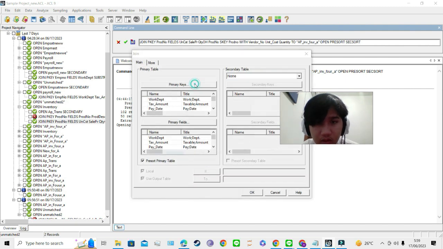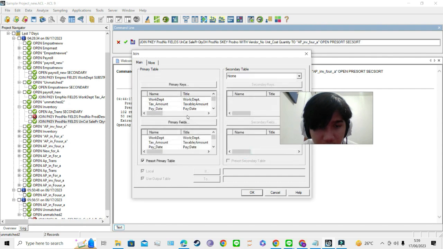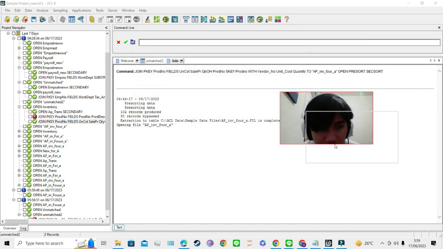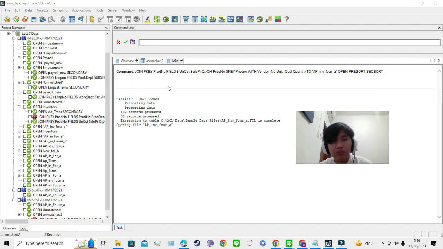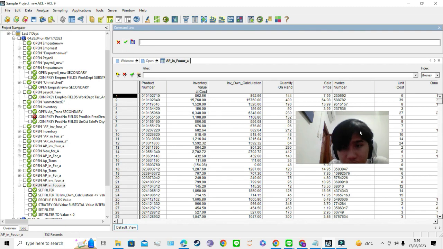Yes, between the product numbers, using product numbers as primary field and secondary field, and we join them, and the result is on this.